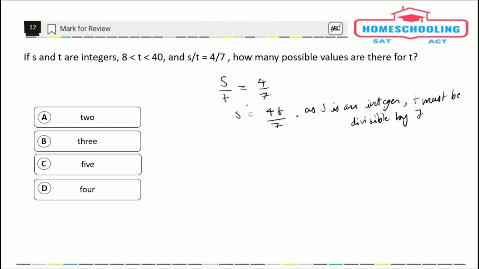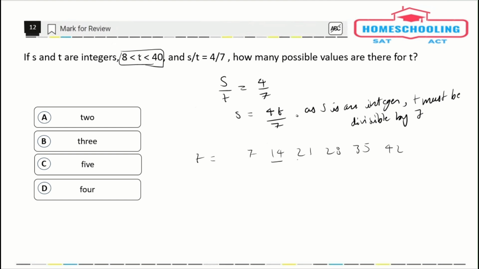As we can see, T is between 8 and 40. So the multiples of 7 are 7, 14, 21, 28, 35, and then 42.